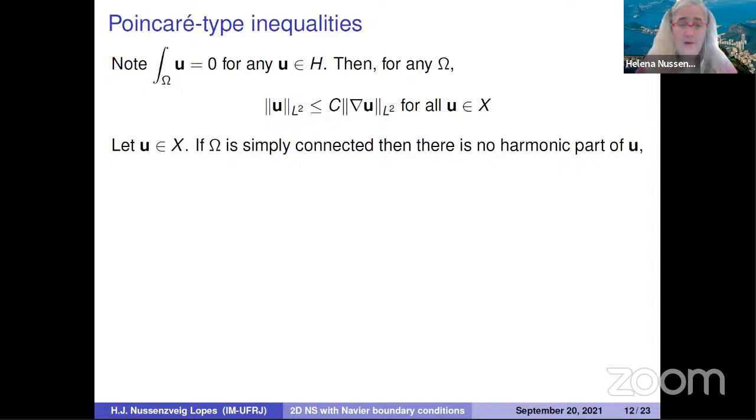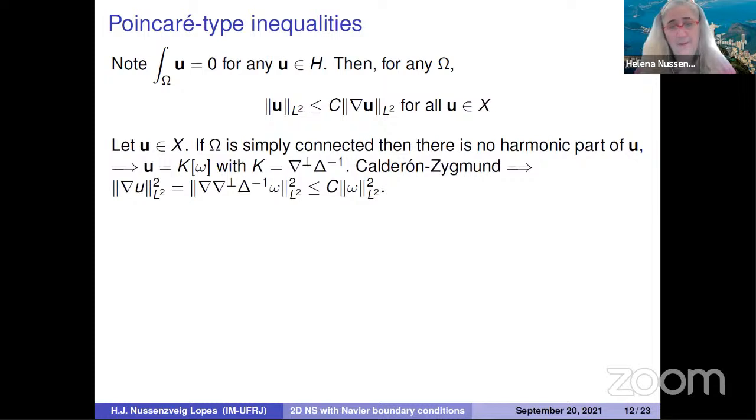Okay, now, if you have a vector field in X and omega is simply connected, then of course there's no harmonic part of U. The space of harmonic vector fields is trivial. Therefore, U is exactly equal to its Biot-Savart law for omega. And then by the Calderon-Zygmund inequality, the L2 norm squared of the gradient of U is the L2 norm squared of the gradient of grad perp of the inverse Laplacian of omega.